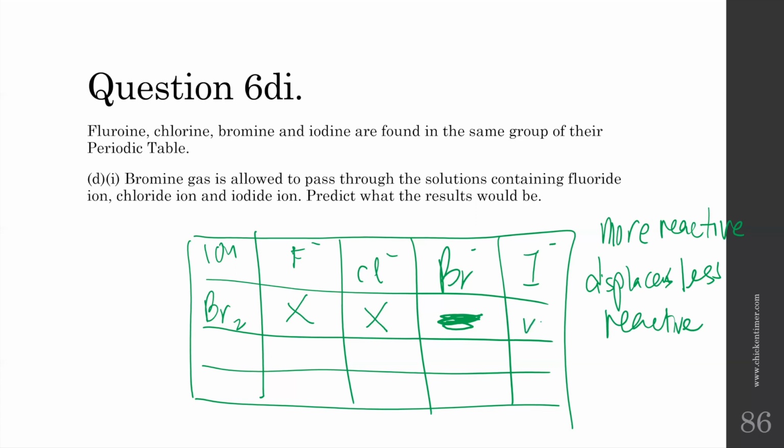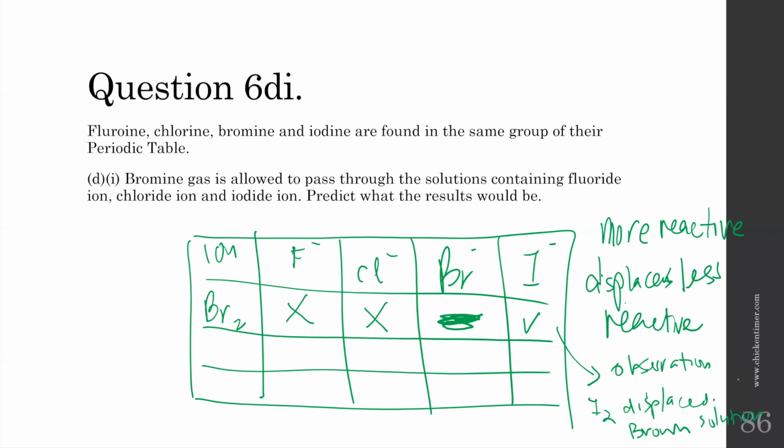Yes. Then what is the observation, since there is displacement? Iodine will be displaced. So what is the observation? If you go to the slides earlier, you will see that bromine in solution form is a brown solution.